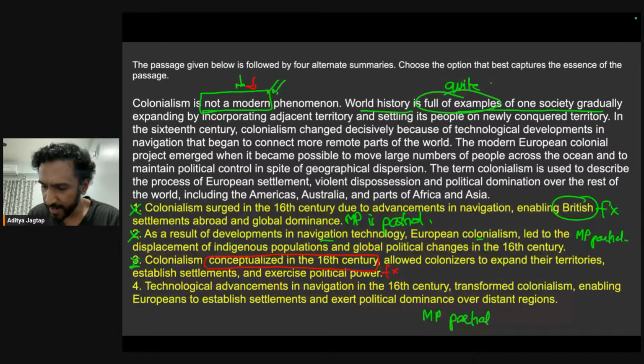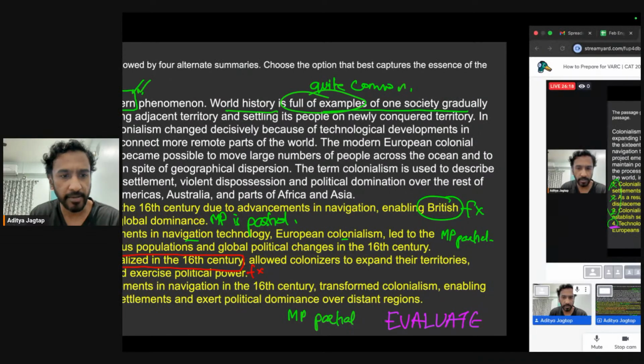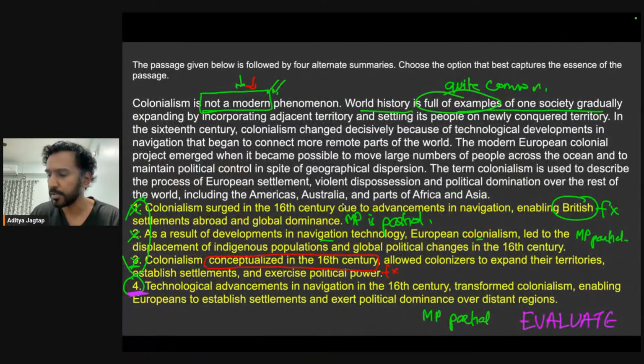That idea has been missed not just by options one, two, and three, but also by option four. But only by evaluating the options did I realize that even though option four has some problem, it's the only possible choice. It's the only way I can accept some summary of the author.